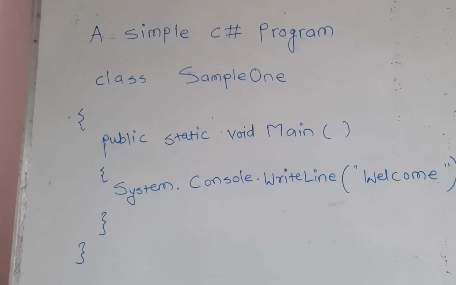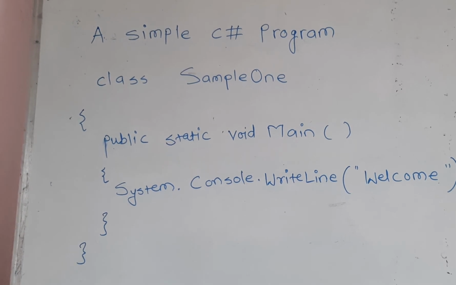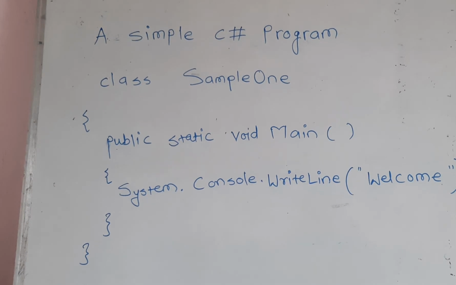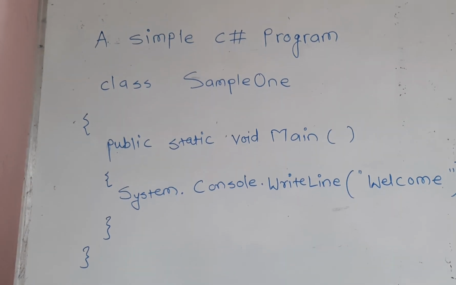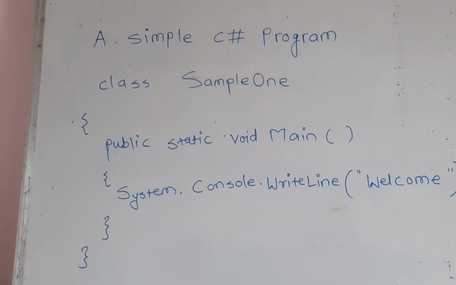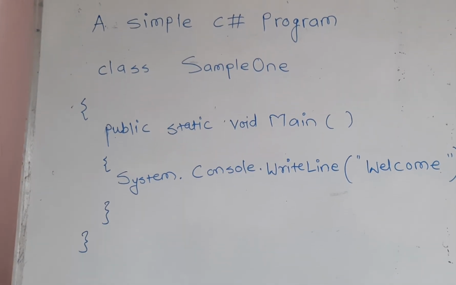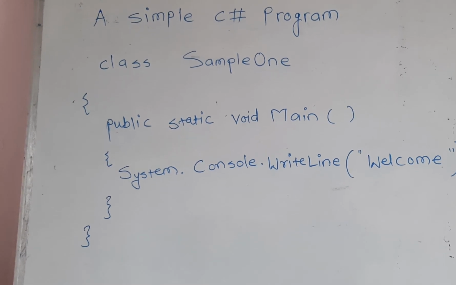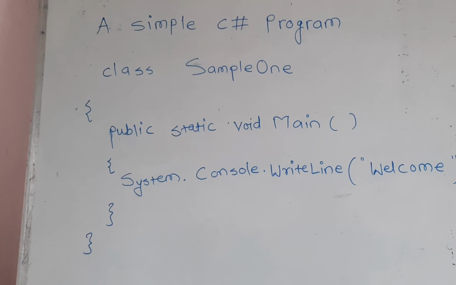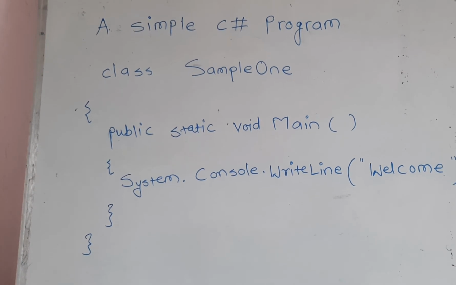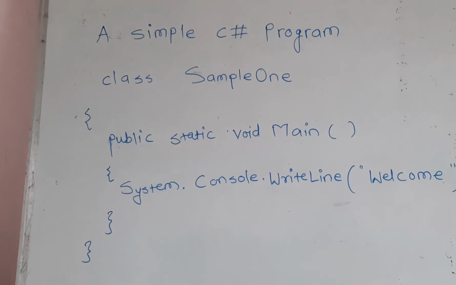Then the statement ends with a semicolon, same as in C, C++ and Java. And here the definition of the Main function is completed, so we close the curly bracket. Our program just contains one Main function. The function is also called a method. So the curly bracket of the Main method is also closed.